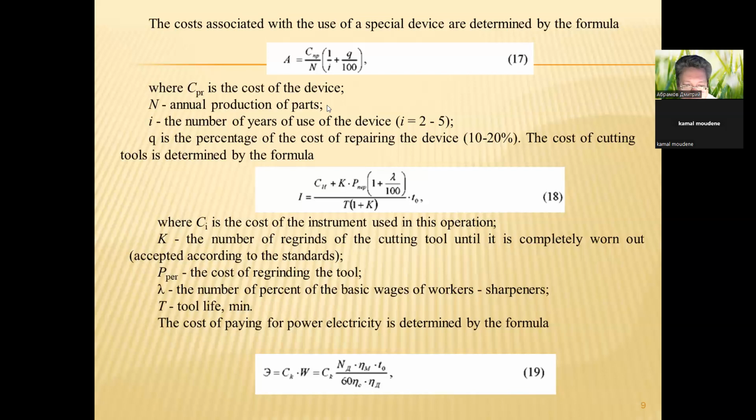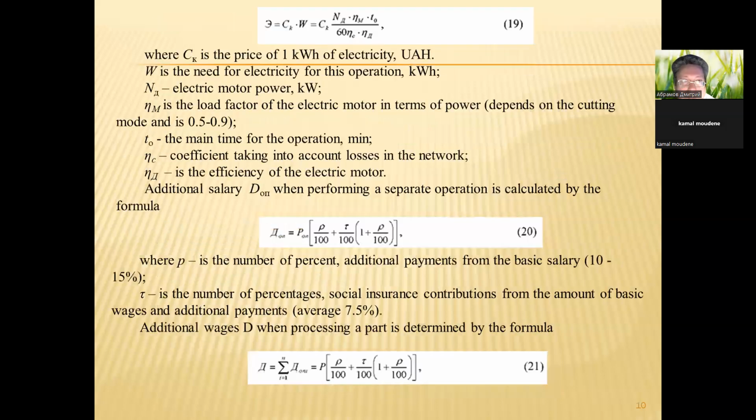The cost of paying for power electricity is determined by formula 19. In formula 19, big C is the price of 1 kilowatt of electricity in hryvnias. W is the need for electricity for this operation in kilowatts. Big N, it's electric motor power.